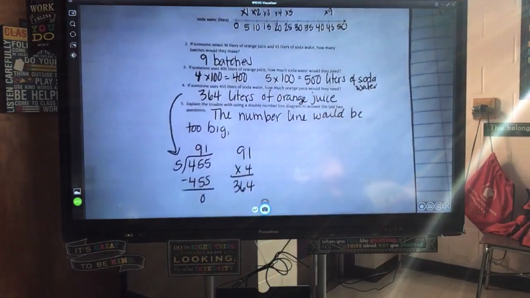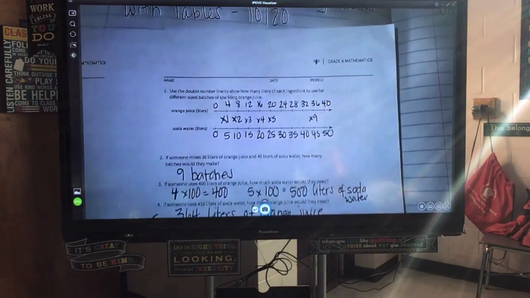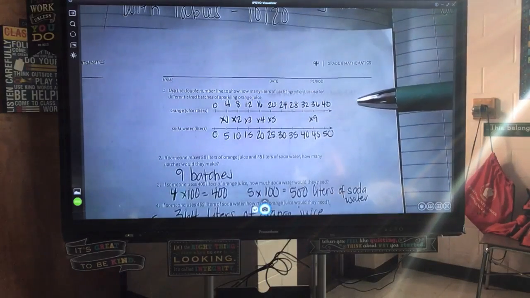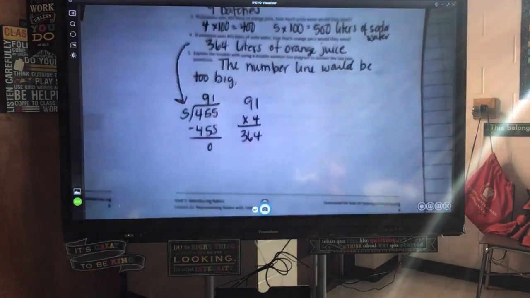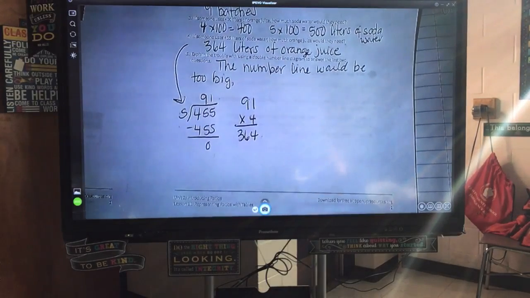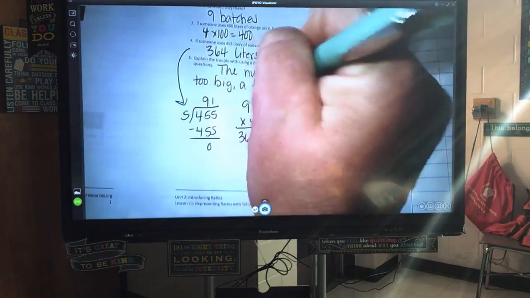Think about how neat or not neat some of you are. Even this number line up here, with it being smaller, your numbers get really squished together, don't they? Alright, what is another reason that a double number line wouldn't be that good? Kaya? It would also take a ton of time.